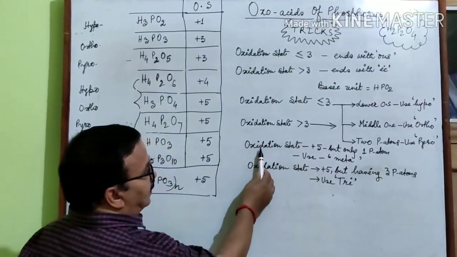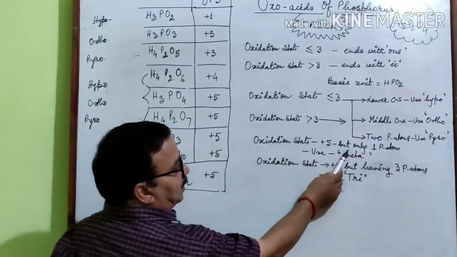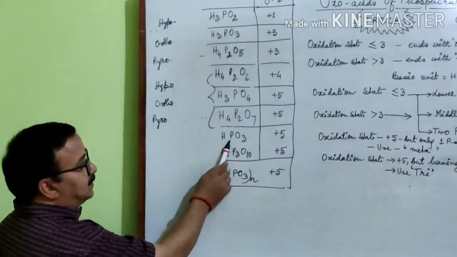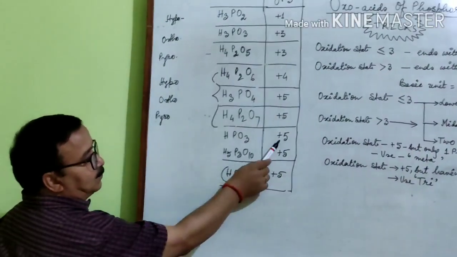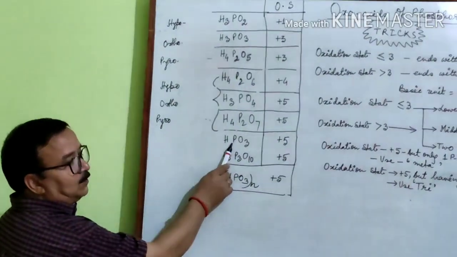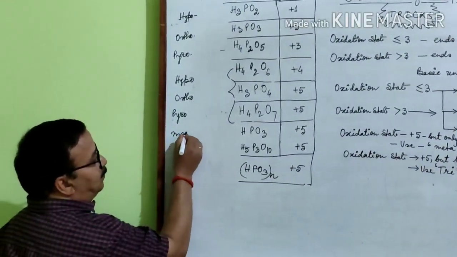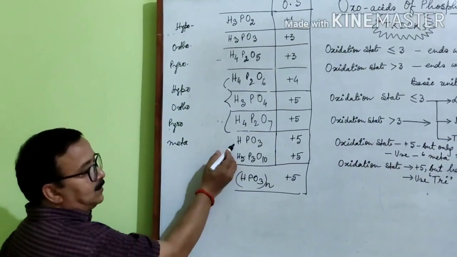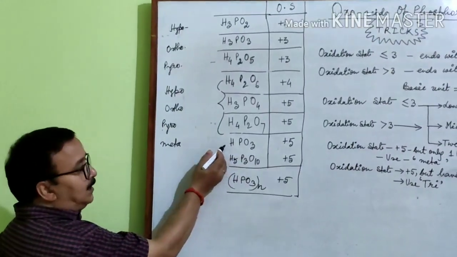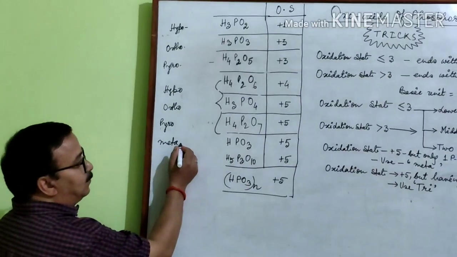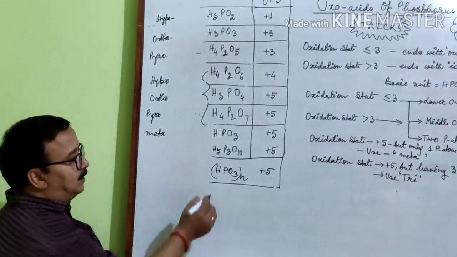Oxidation state is +5, but only one phosphorus atom is present. Therefore, we will use the term meta. Oxidation state is more than 3, therefore the acid will end with -ic. So it is metaphosphoric acid.